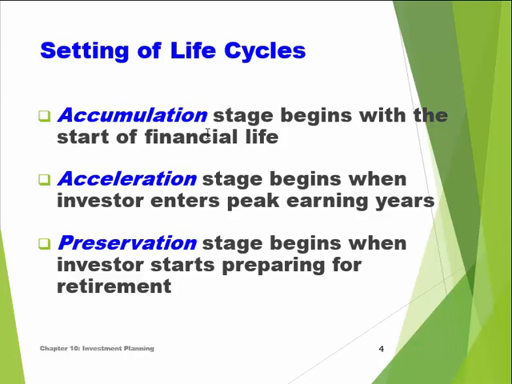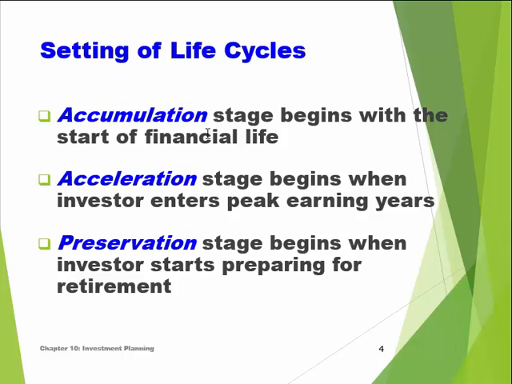So what we're going to do is take a little bit of a step out of the textbook and talk a little bit about these life cycles. Essentially, there are three of them. There's the accumulation stage, where we're obviously very young, starting to build our financial life. We'll talk about the acceleration piece, that as we get into our career and get into our really better money-making years, how our objectives change then.